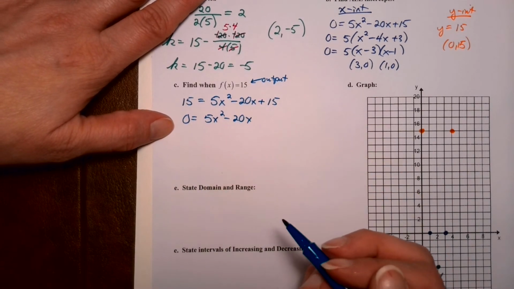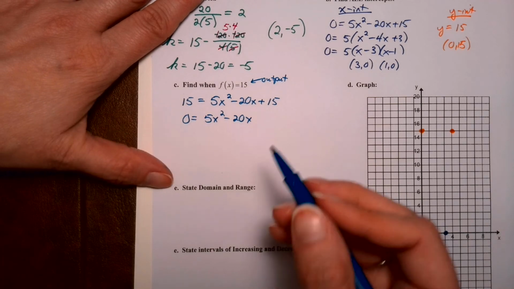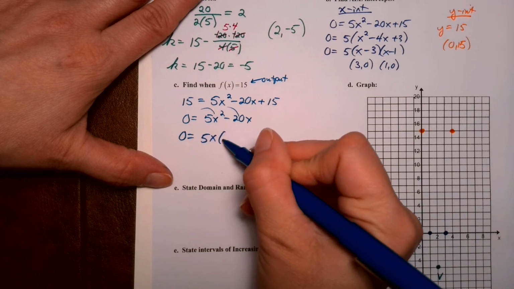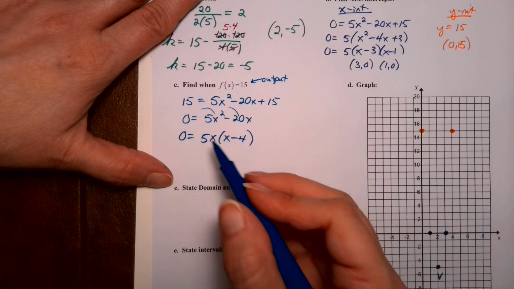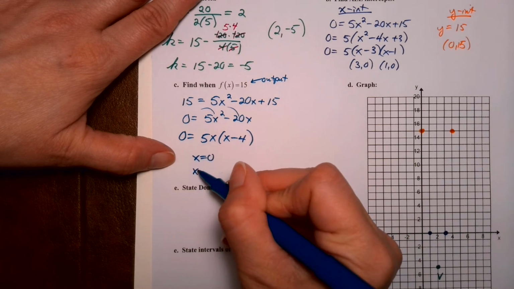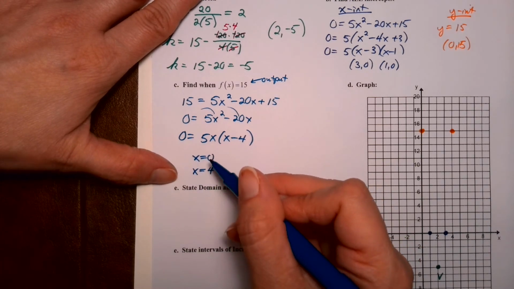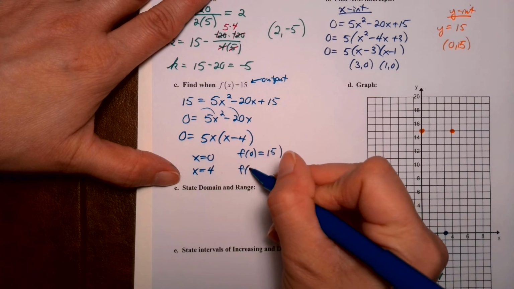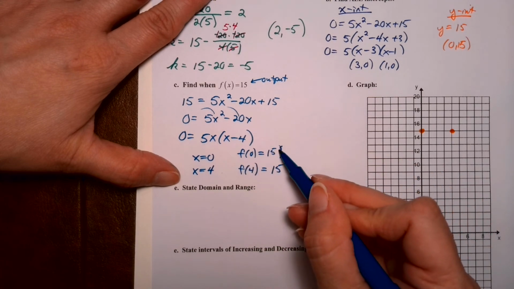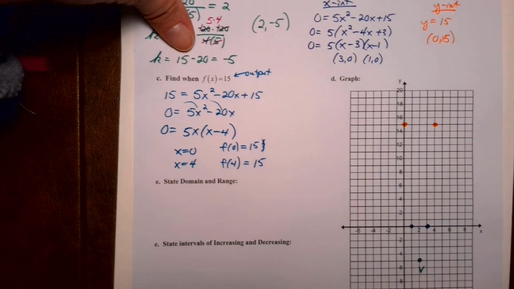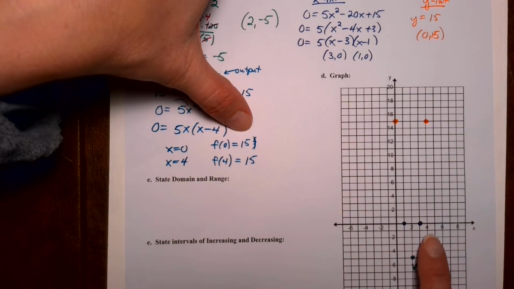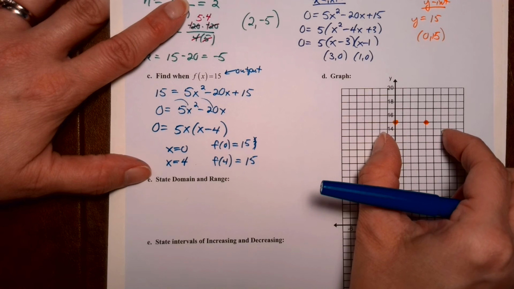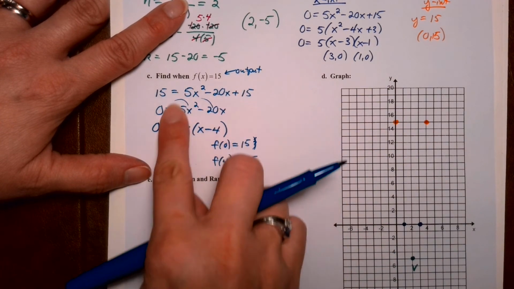How do you factor when there's only 2 terms? We're going to factor out the greatest common factor. Let's take out a 5x, and that's x minus 4. So we're getting x equals 0, and we're getting x equals 4. Okay, so what does that mean? F of 0 would give us a 15, and f of 4 would give us a 15. Is that true? F of 0, yes, and f of 4, absolutely. So what we visually discovered on the graph, we confirmed with algebra. That's how you find an output.